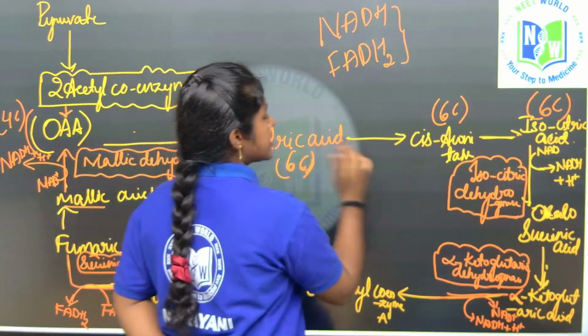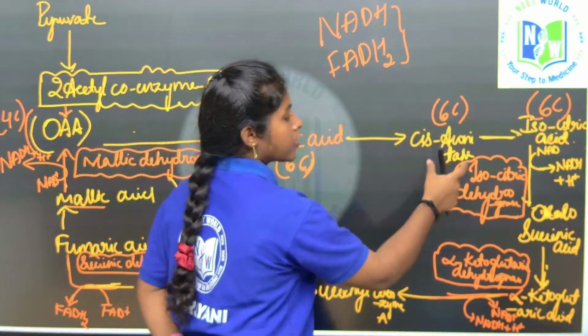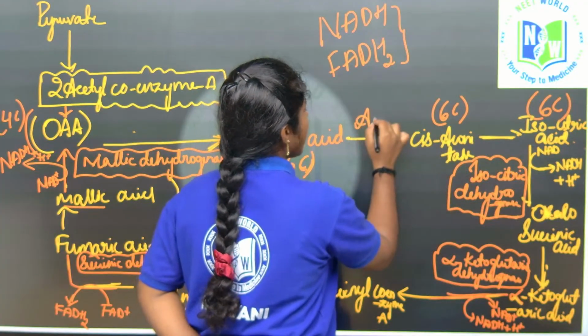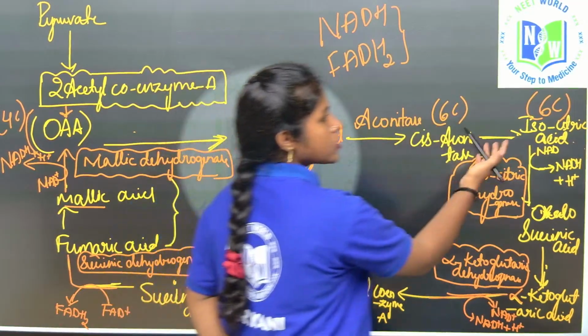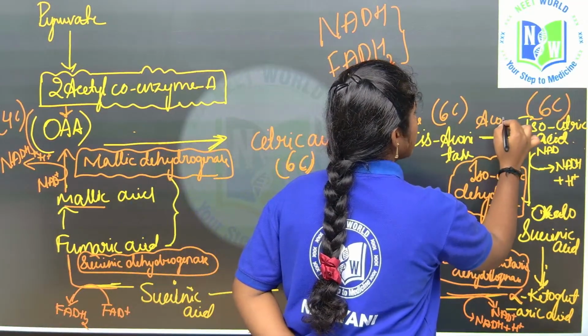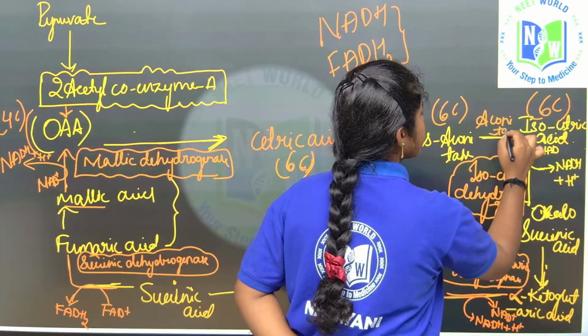So which enzyme is acting to form the cis-aconitate? This is aconitase enzyme, right? So here the enzyme name is aconitase. Got it?